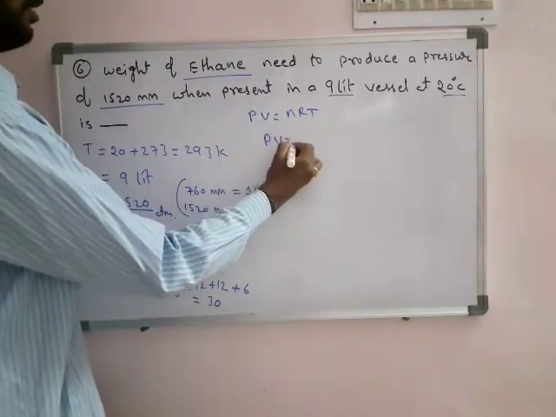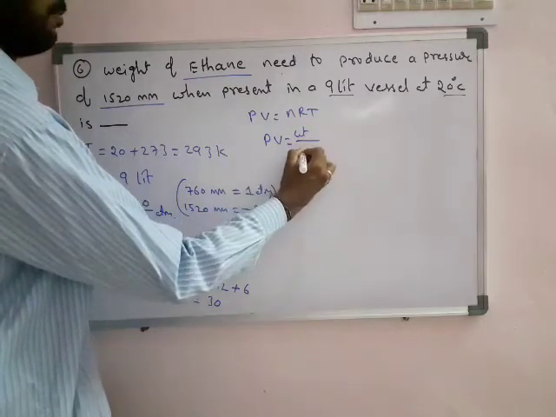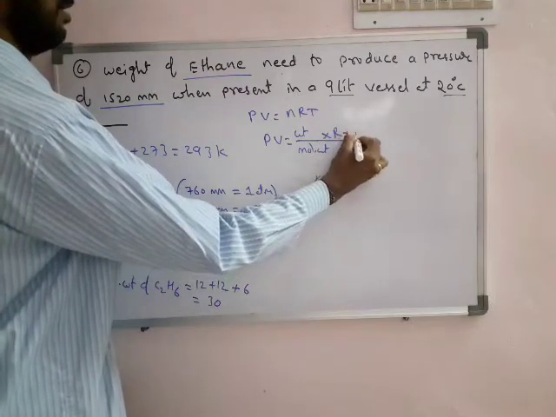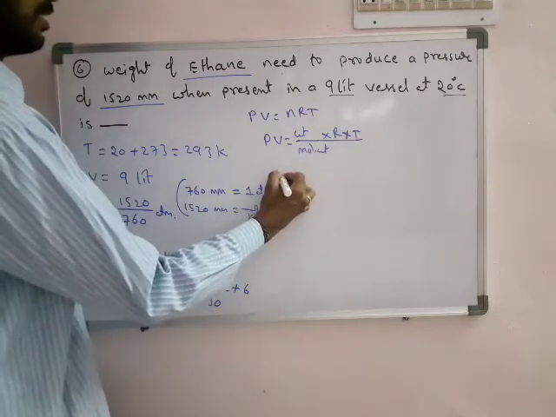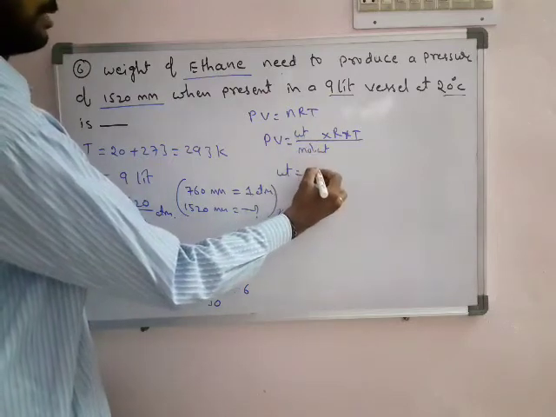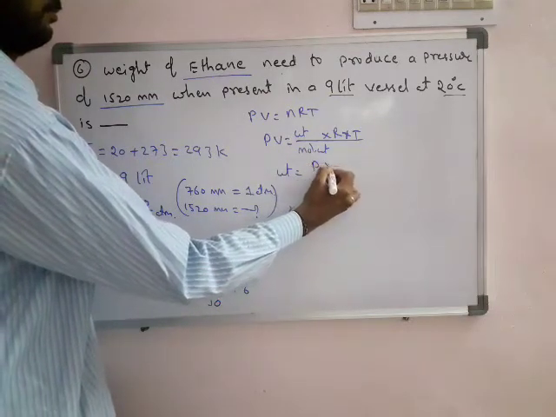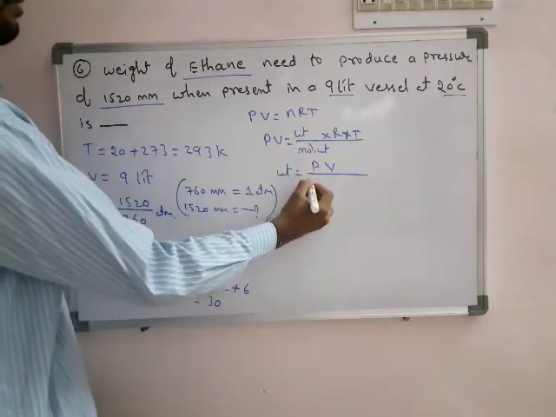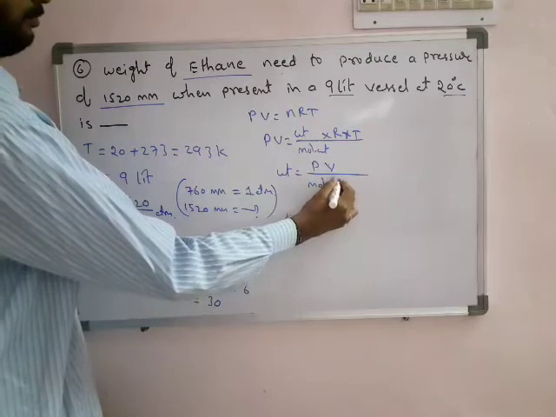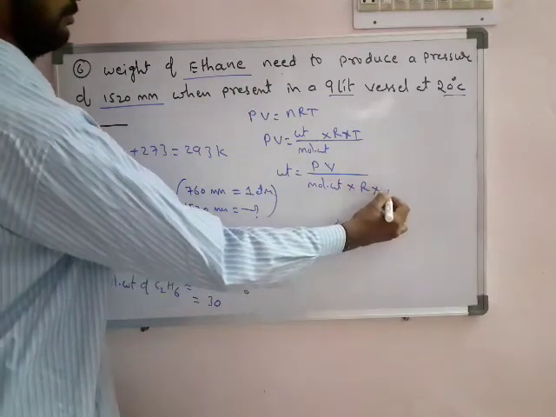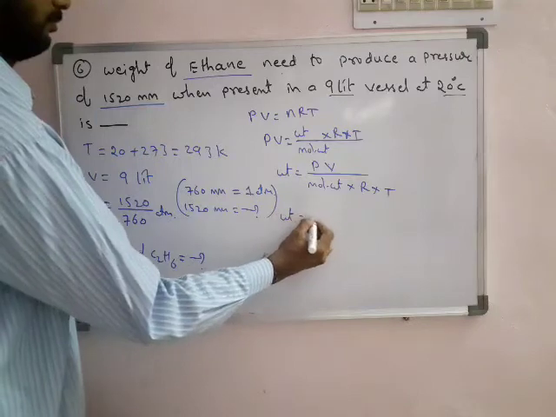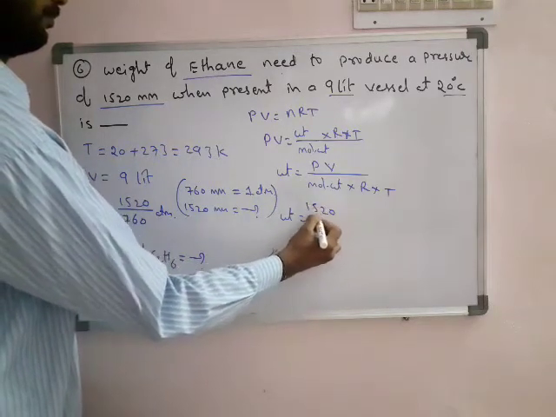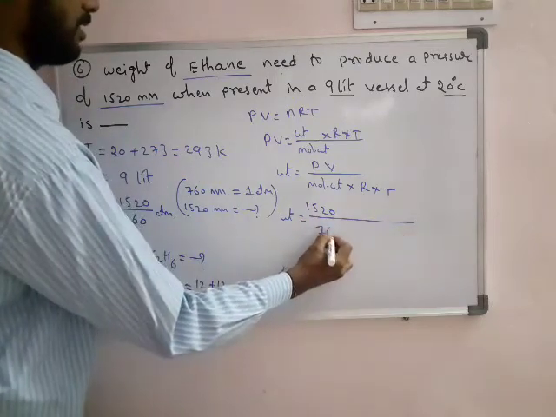So PV equals weight by molecular weight into RT. Just find the weight here. We need to find the weight. So it becomes weight equals PV. What is the pressure? 1520 by 760.